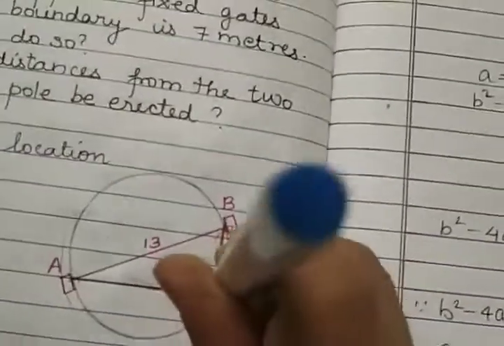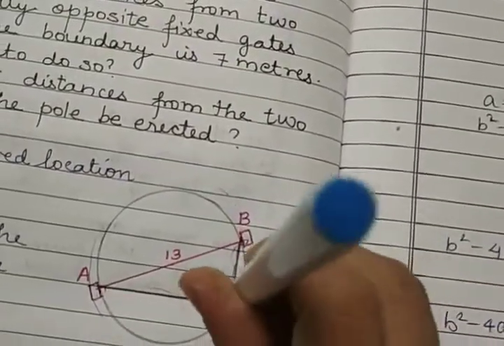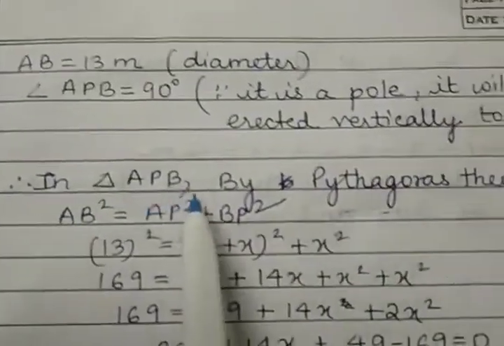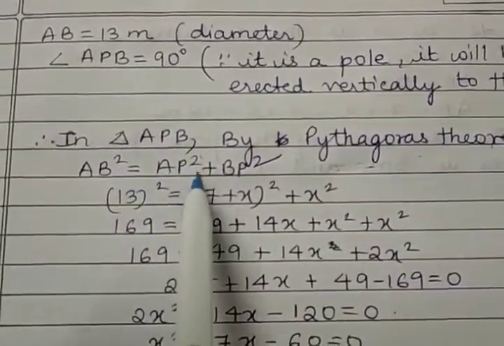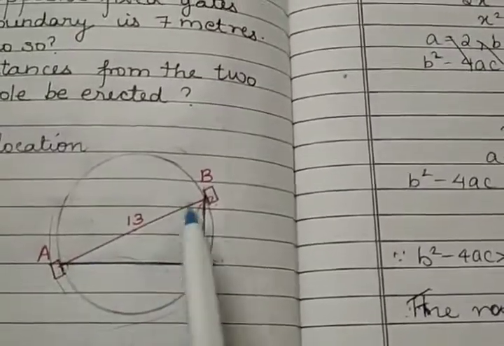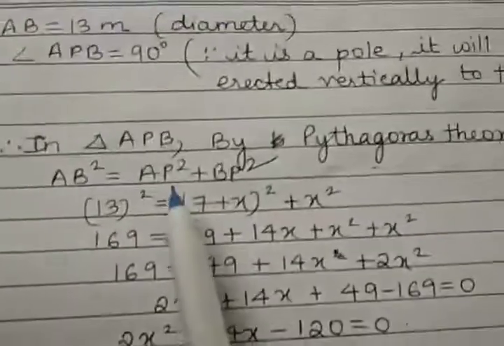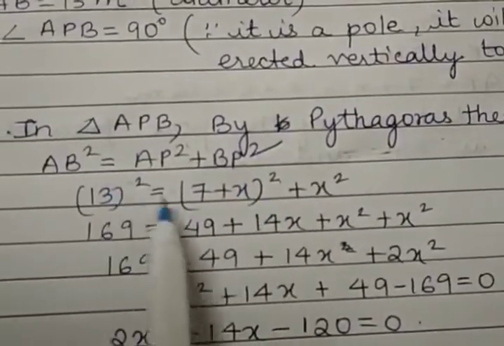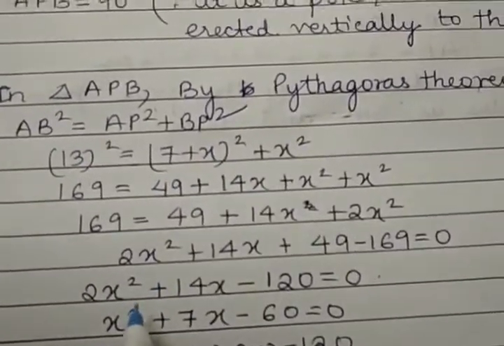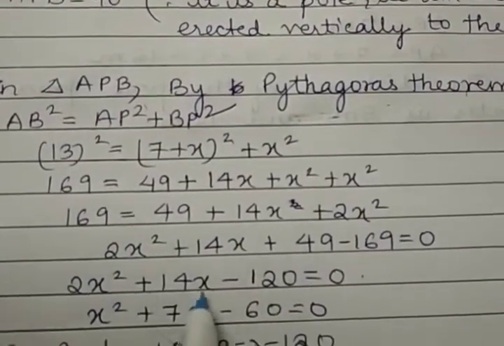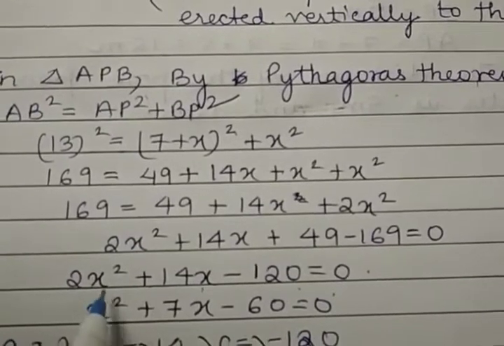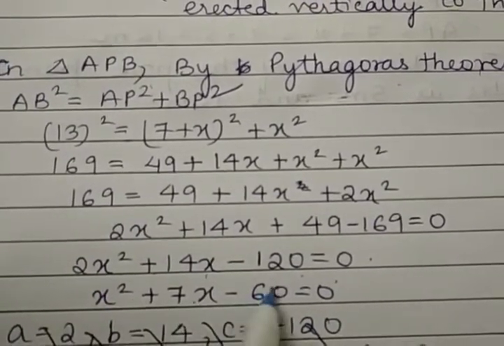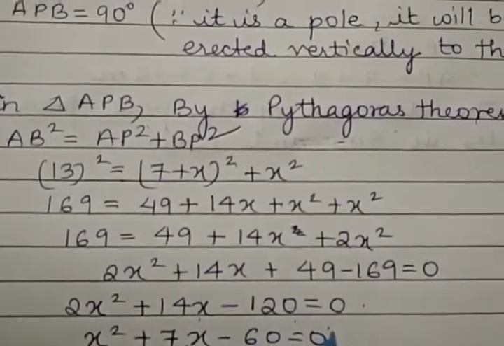Now in triangle APB, by Pythagoras theorem, you know AB square is AP square plus BP square. Okay, so after putting the values, you get the equation as 2x square plus 14x minus 120 is equal to 0. 2 is taken common, so x square plus 7x minus 60 is equal to 0.